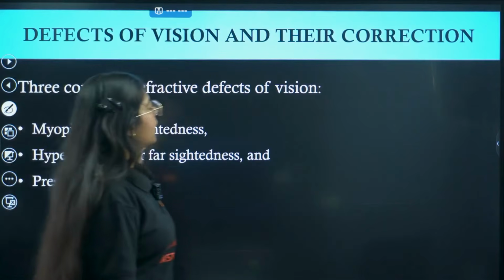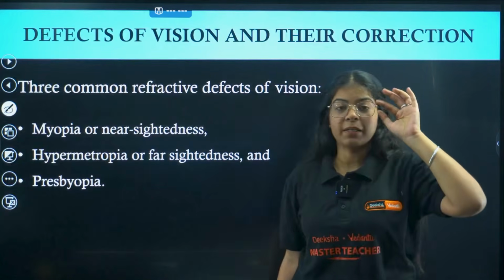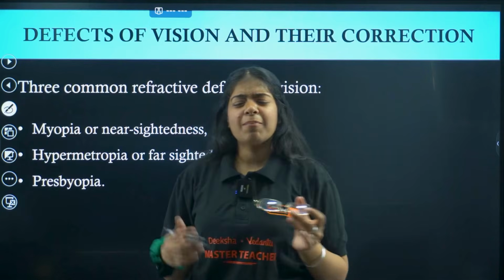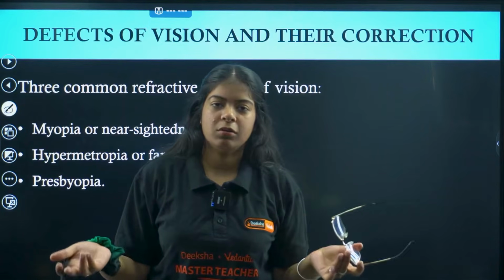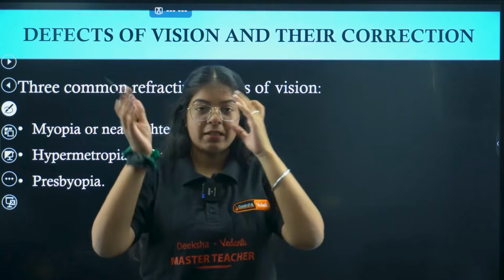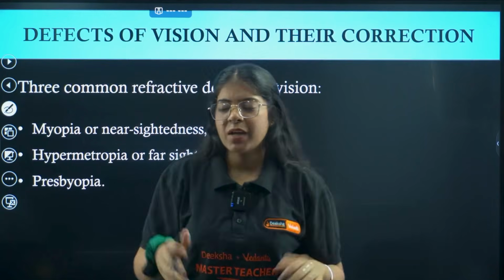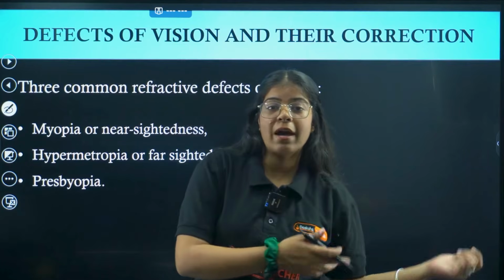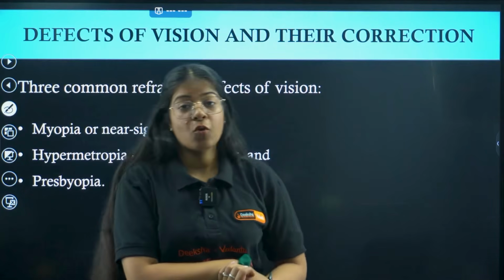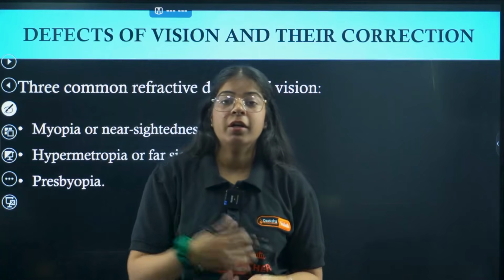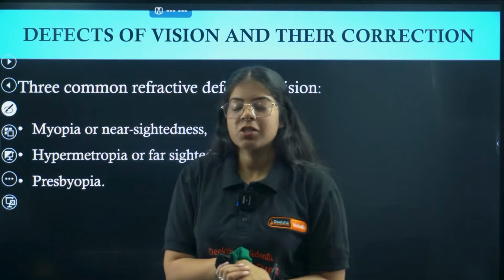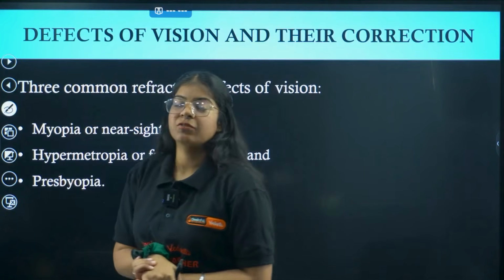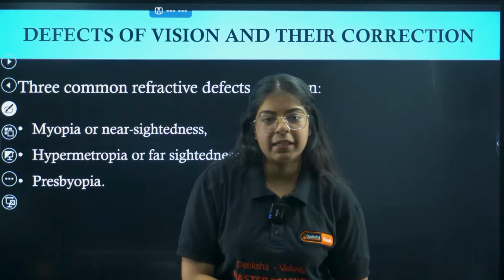Next is our defect. Now I'm wearing this spectacle. If I take this out, I won't be able to see objects that are very far away. It gets blurry. A lot of people watched too much phone during COVID or in childhood years, so you might have these spectacles.